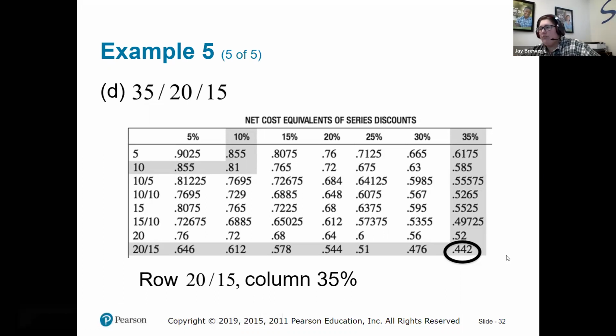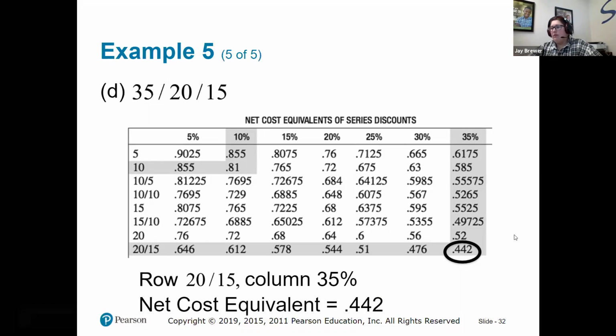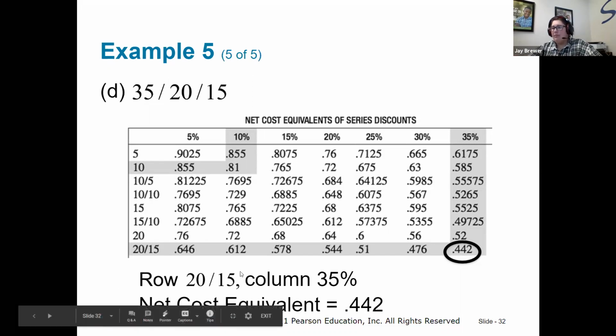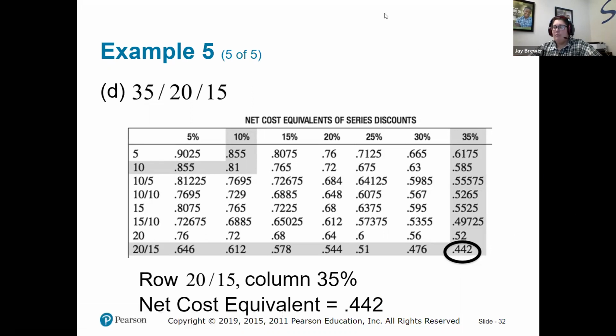Questions on how to use that table? If you guys need it, I will make sure you have it. If you have it already on Canvas, then that's where you'll get it from. All right. Okay. That is it for 7.1.